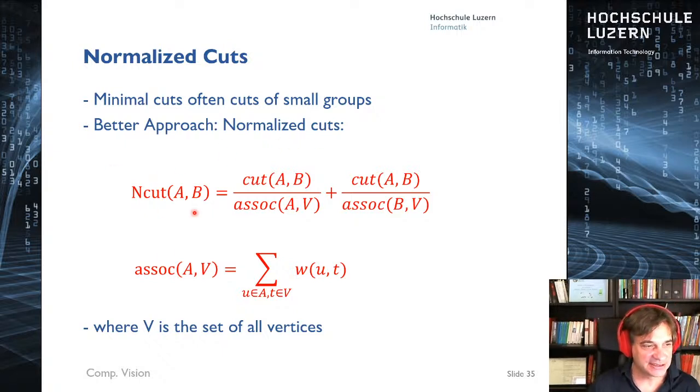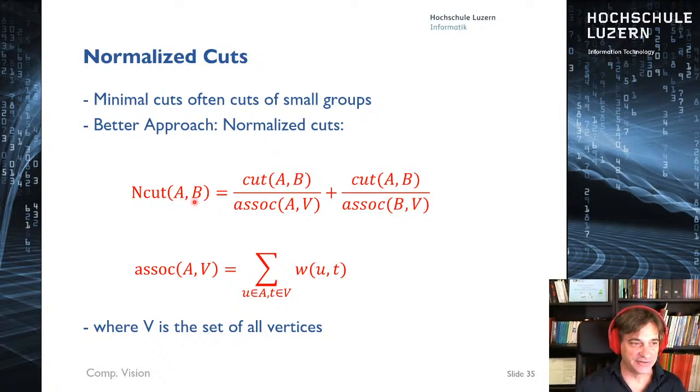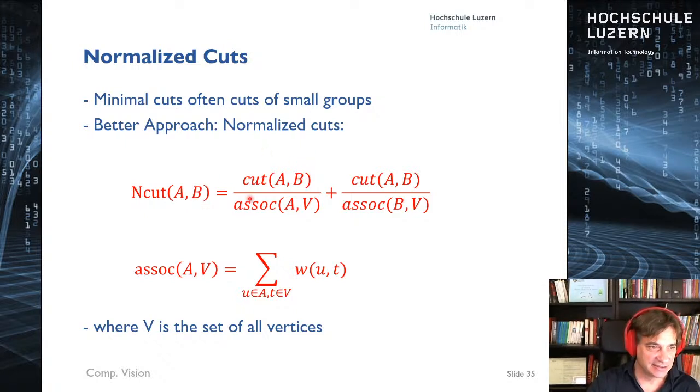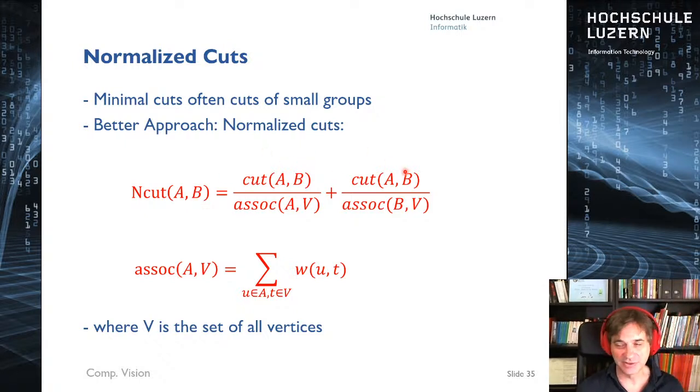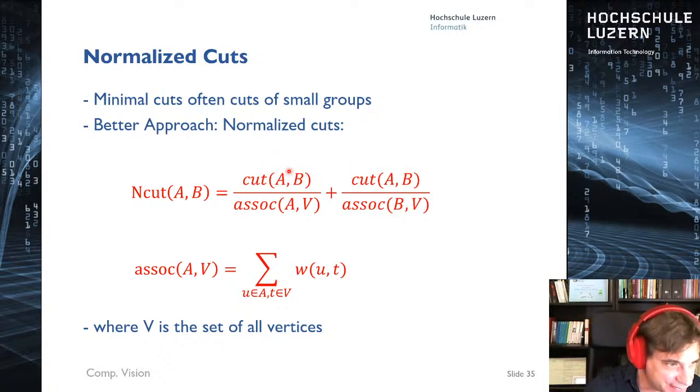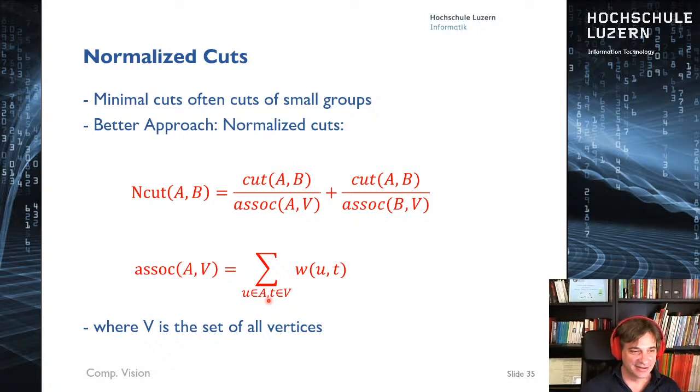The normalized cut between two disjoint sets of nodes A and B in the graph is the cut value between A and B. Remember, these are all the edges associated between A and B, and V is the set of all vertices. Then the association of A and V is the sum of all weights where one of the edges originates in A, where the other set can be anywhere.